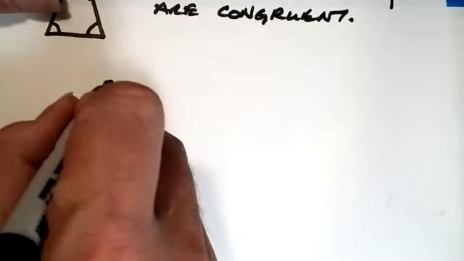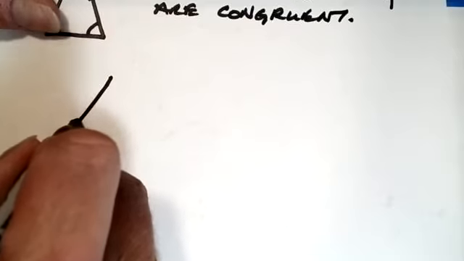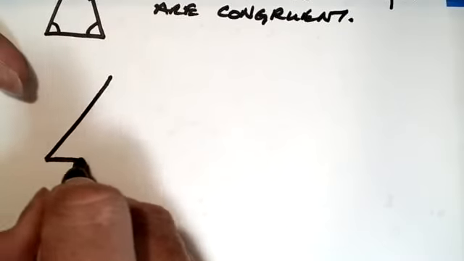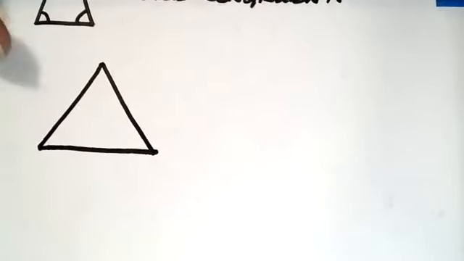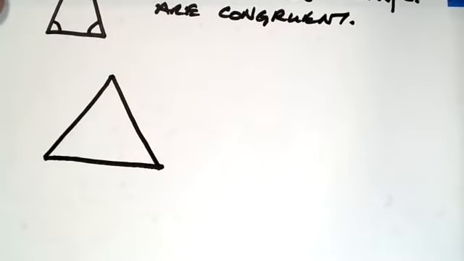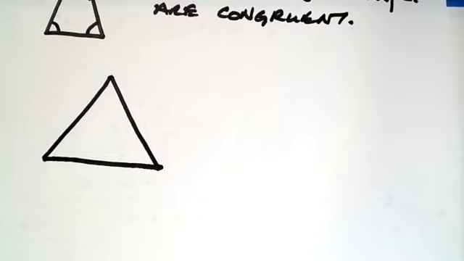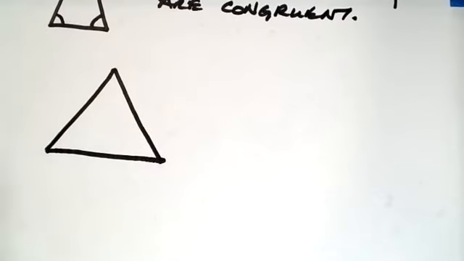So now I'm going to construct an equilateral triangle, which, remember, the definition of an equilateral triangle doesn't have anything to do with the angles. What it tells you is that the sides are all the same. And so I'm going to use a very specific one.